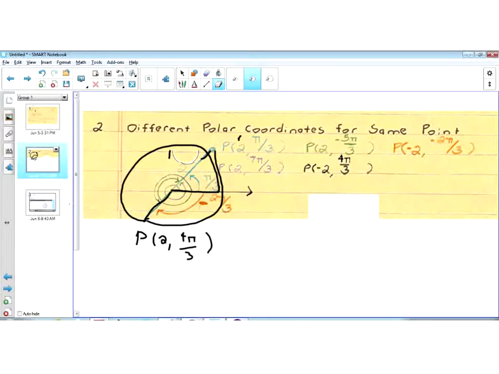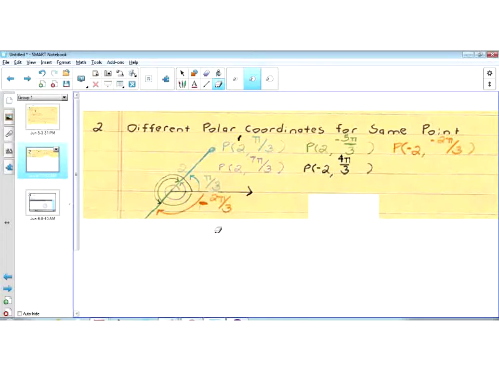All right. So now we have to consider the case, the orange point, where both the abscissa and ordinates of the polar point are negative. So do the same thing as we've just done. Identify a distance of 2, +2 on the polar axis. And then rotate clockwise 2 pi over 3 radians. So 2 pi over 3 radians would put you somewhere in the third quadrant of the rectangular plane.